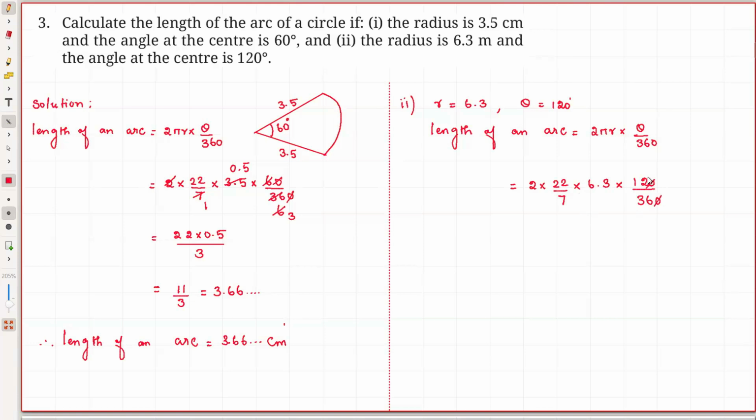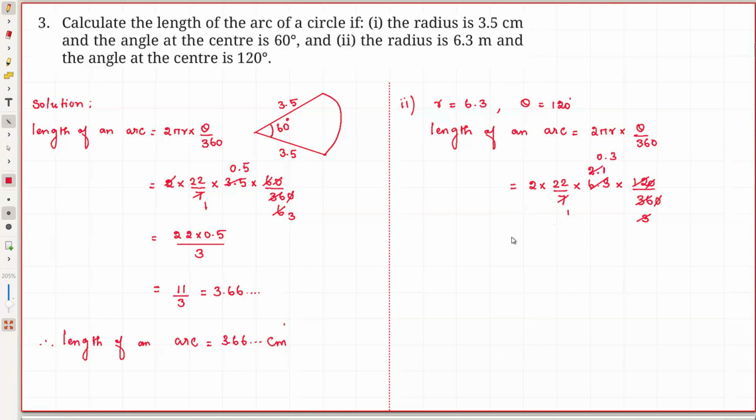And 12 and 36, 1 12s are 12 and 3 12s are 36. Next, I am cancelling with 6.3. So 2 3s are 6, point 1 3s are 3. Now cancelling with 7, 1 7s are 7, 0.3 7s are 21.